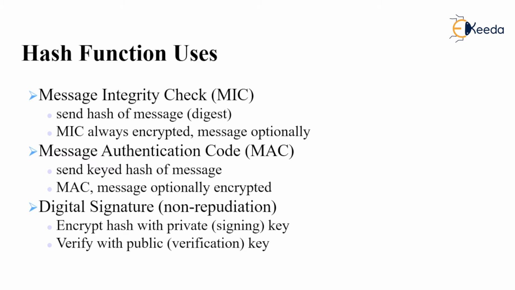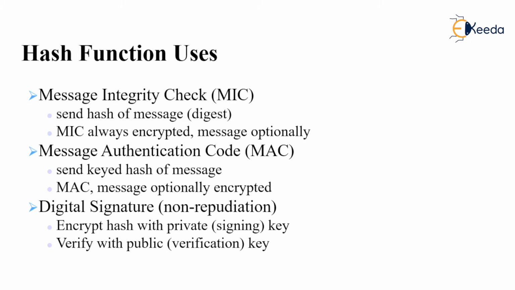Digital signature is used for checking the requirement of non-repudiation. Encrypt the hash value with the private key. That means whatever hash function we have implemented on the message will then be encrypted using the sender's private key. We'll be seeing the figures in detail.